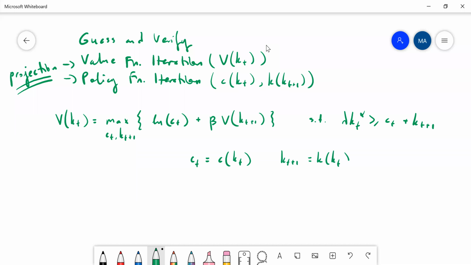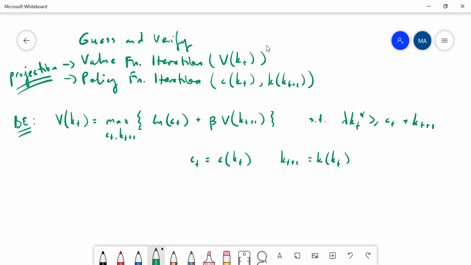And if you recall, the Bellman equation is a functional equation, right? If you rewrite it in this way, V(k) equals, imagine that you solve the problem, natural logarithm of c(k) plus beta V(lambda k^alpha minus c(k)).